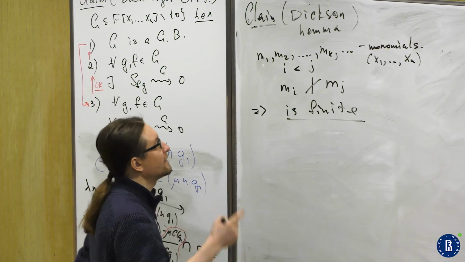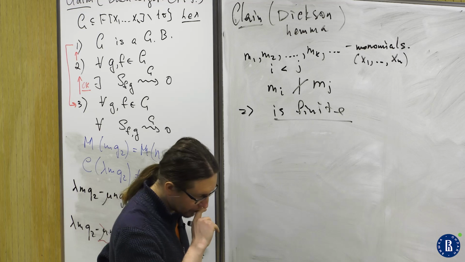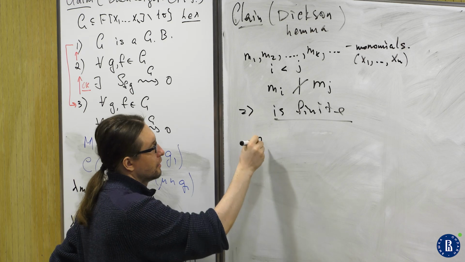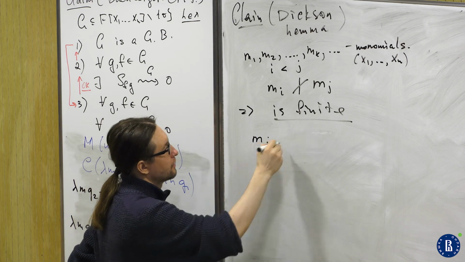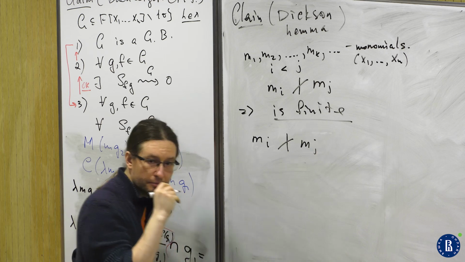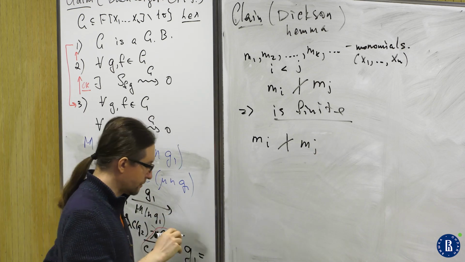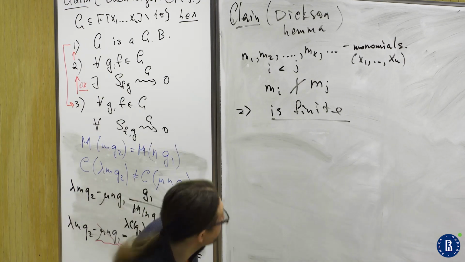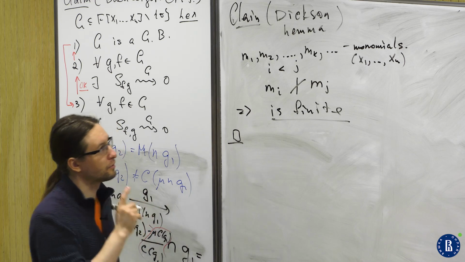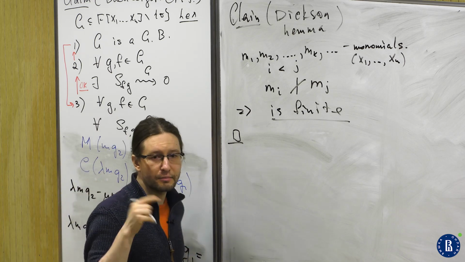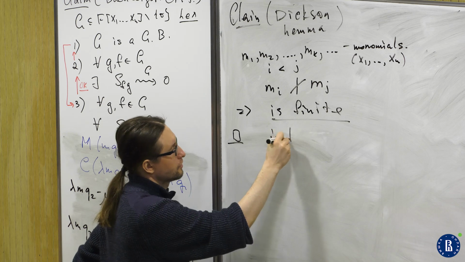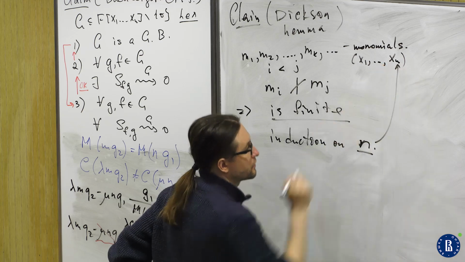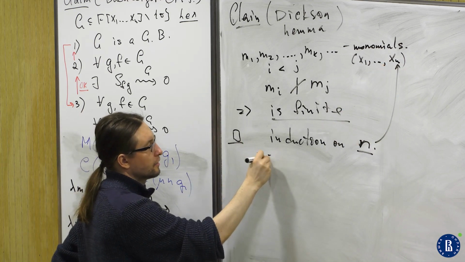Well, what does it mean that m_i doesn't divide m_j? Oh, by the way, before doing that, I want to say some general words. We will prove by induction on n, the amount of variables. So suppose n is equal to 1.